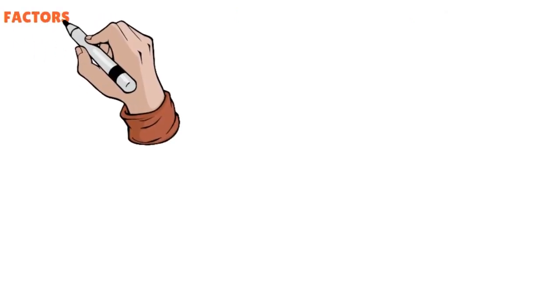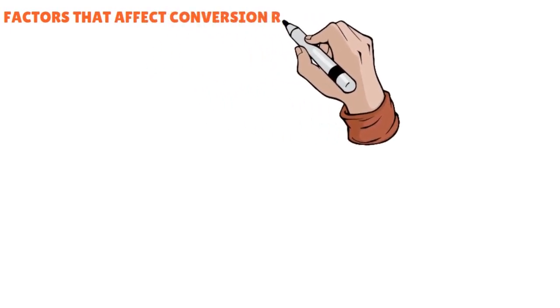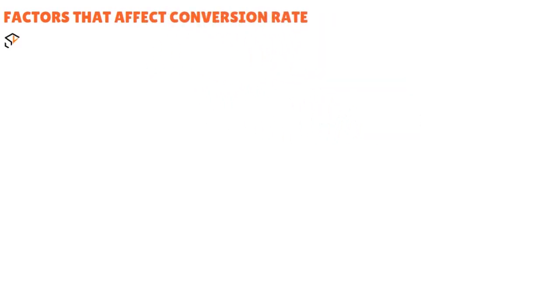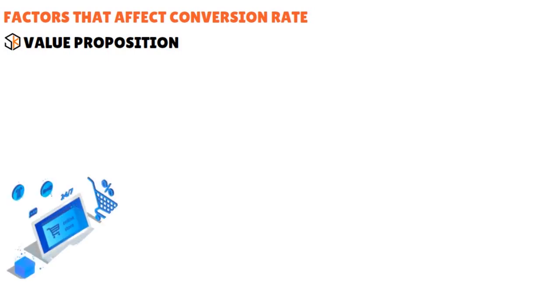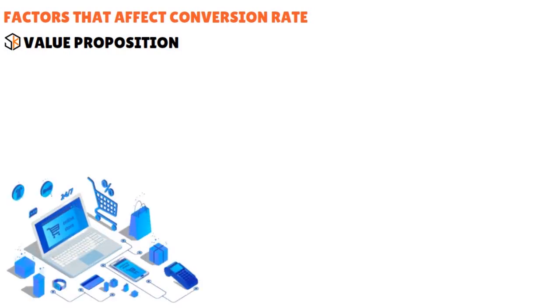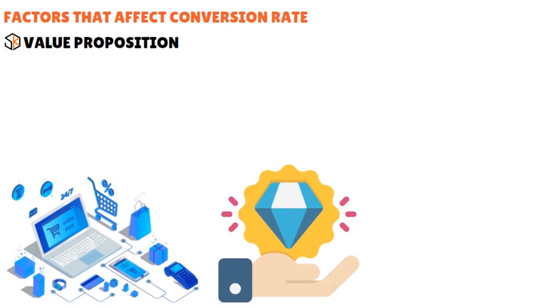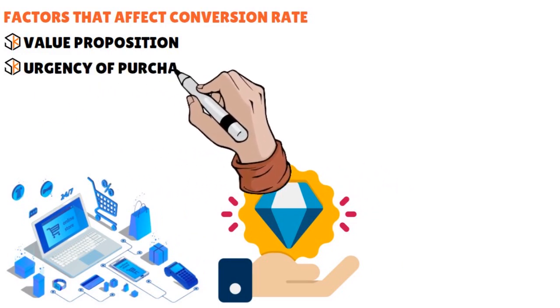So there are a few factors that affect your Shopify conversion rate. You have your value proposition, the kind of value proposition your store has. This is a benefit or a series of benefits that your store offers visitors. You also have the urgency of purchase.